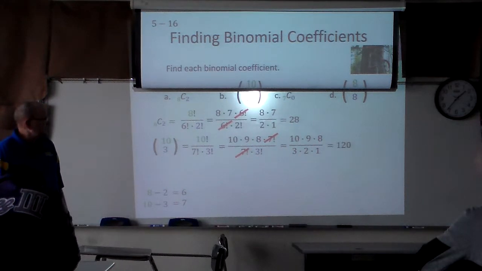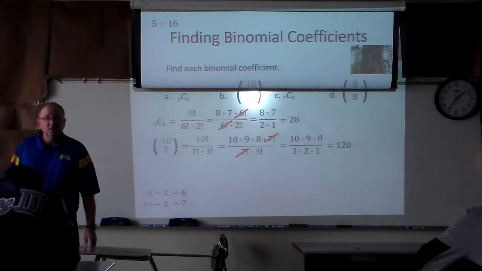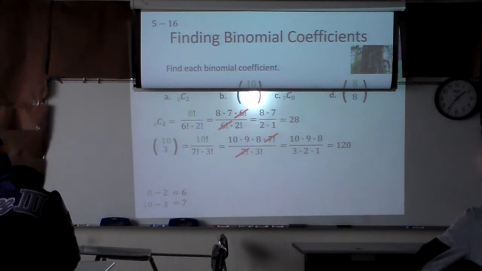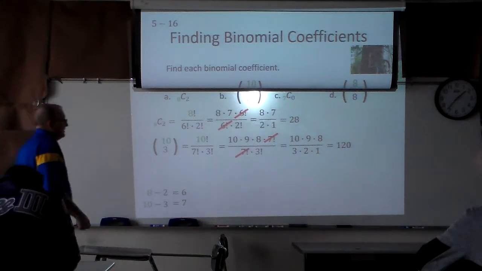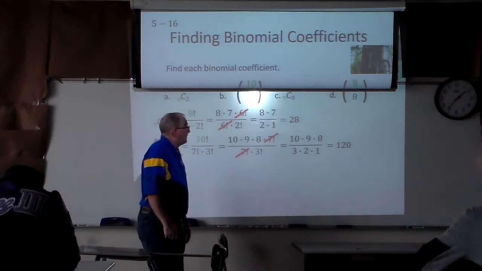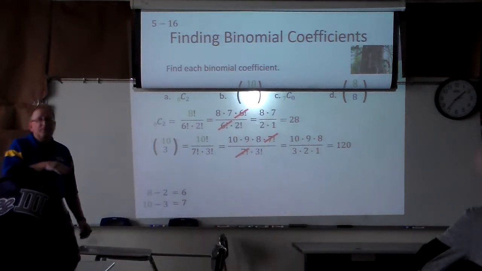Then divided by 6 makes it 120, because 3 times 2 is 6. If I multiply those out and divide, I get 120. That would be the coefficient for that term. You get bigger numbers. All right, let's stop right there.